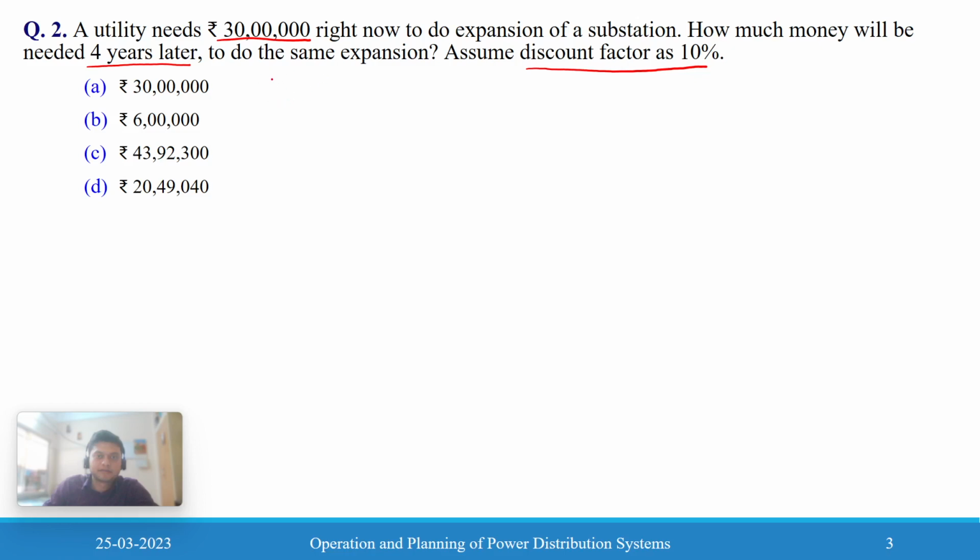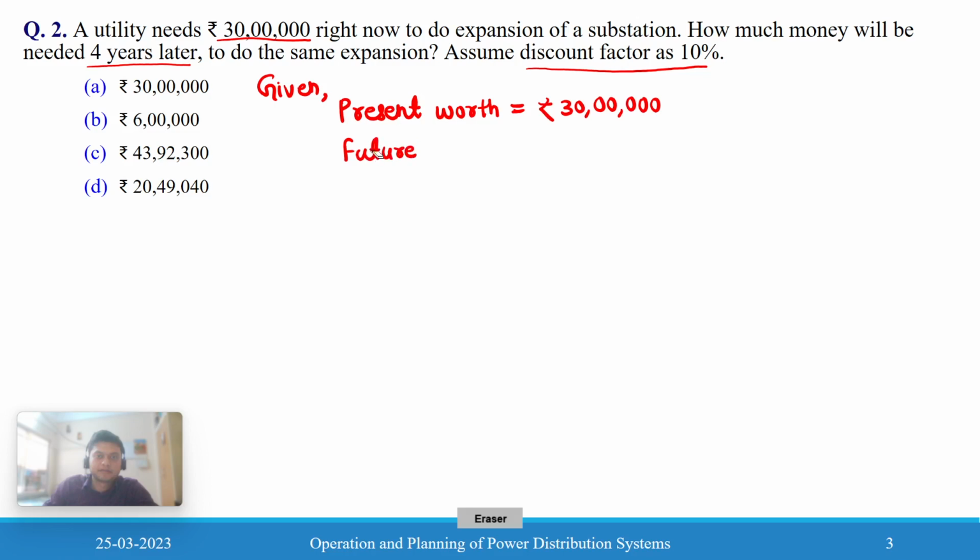So let us write what data we have been given. Present worth is rupees 30 lakh.